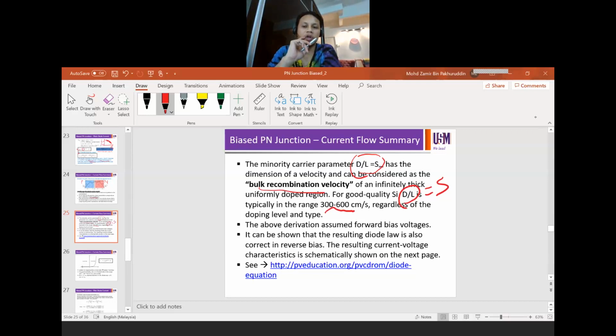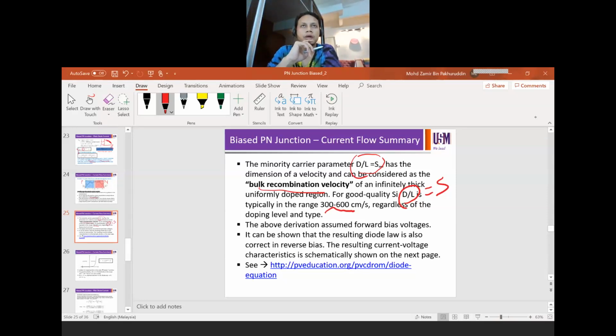So let's recall, do we want our recombination velocity to be high or low? Last time we discussed about SRV, surface recombination velocity. Do we want it to be high or do we want it to be low? Yes, we want the recombination velocity to be low.